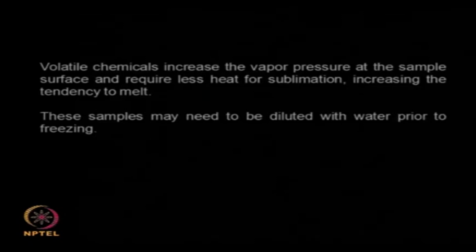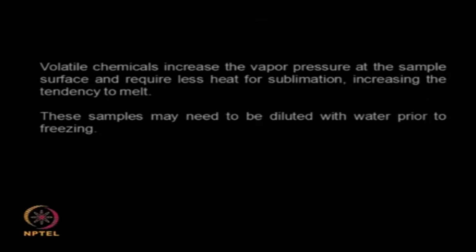So if you have volatile chemicals present, then obviously it is going to increase the vapor pressure at the sample surface, so we need to have a less heat of sublimation. So the material is going to melt, it is not going to form a frozen solid.